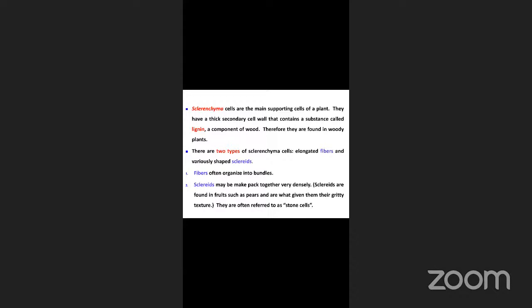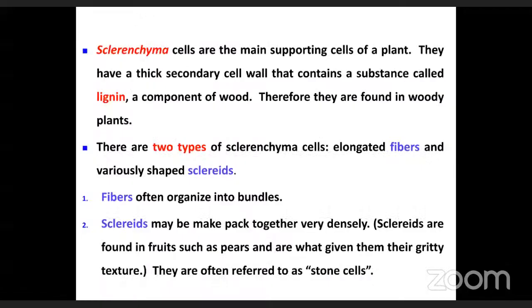Next, laticiferous tissues are a special secretory tissue, the last type.